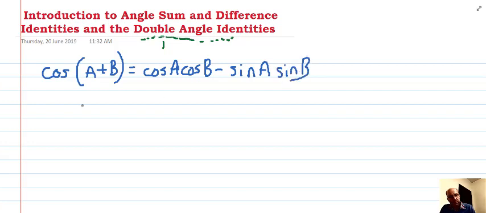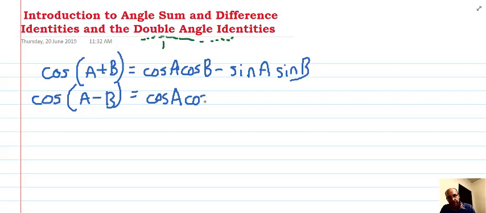We've got the difference now between two angles, the cosine of the difference, and that equals cos a multiplied by cos b plus sine a multiplied by sine b. So there's the sum and the difference for cosine.